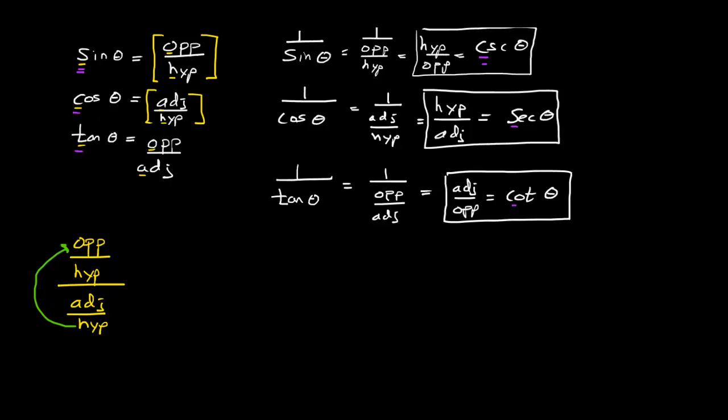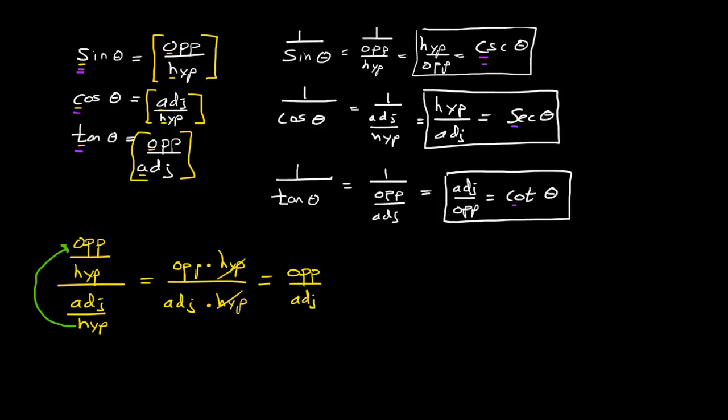You can't miss this. And notice we're going to get the opposite times the hypotenuse, just dividing a fraction, divided by the adjacent times the hypotenuse. And notice these hypotenuse values will cancel, and we're left with opposite over adjacent. And notice opposite over adjacent is equal to the tangent of theta.